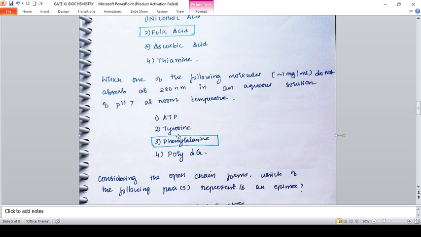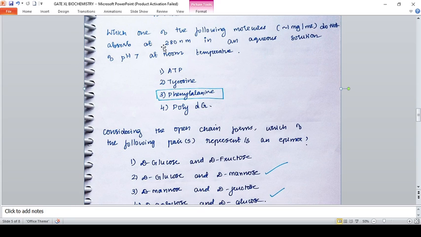The option is phenylalanine, because phenylalanine absorbs around 240, whereas ATP and polydeoxyguanine are nucleotide related, so they will absorb at this particular wavelength, and tyrosine also has this particular absorbance. They are responsible for extrinsic and intrinsic fluorescence in the UV spectrophotometer.